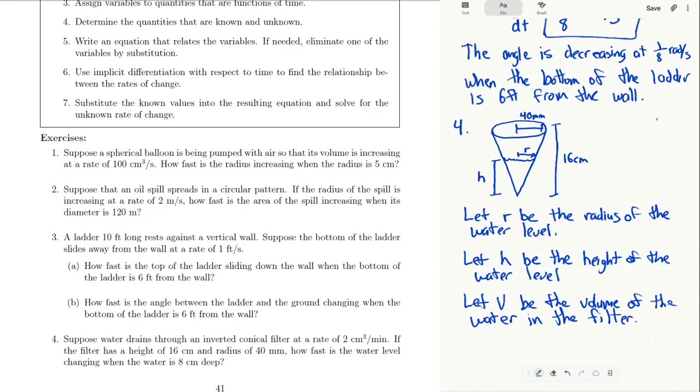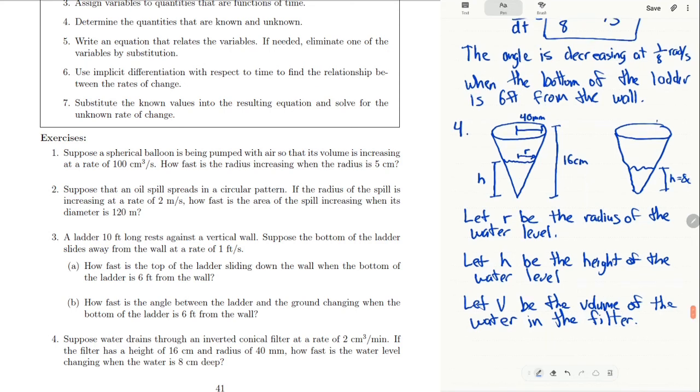So we want to know how fast the water level is changing when the water is 8 centimeters deep. So our instantaneous picture is when the height is 8 centimeters.